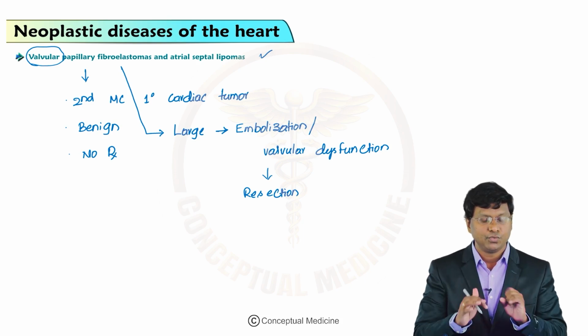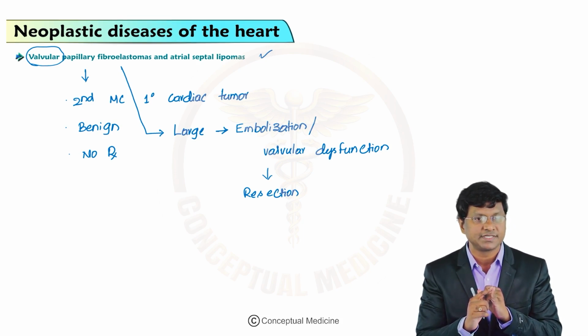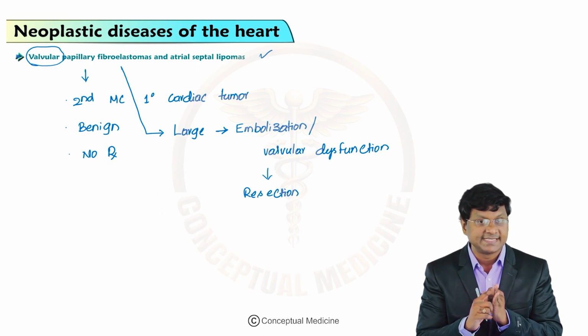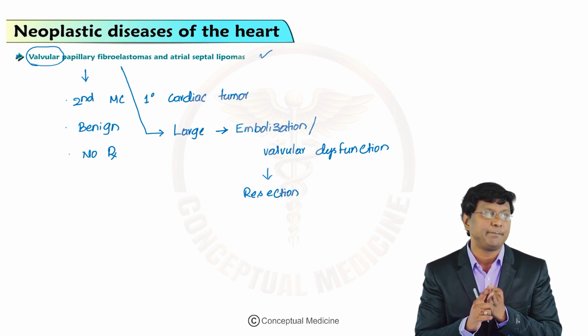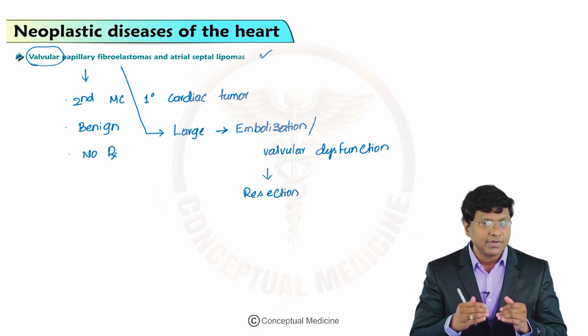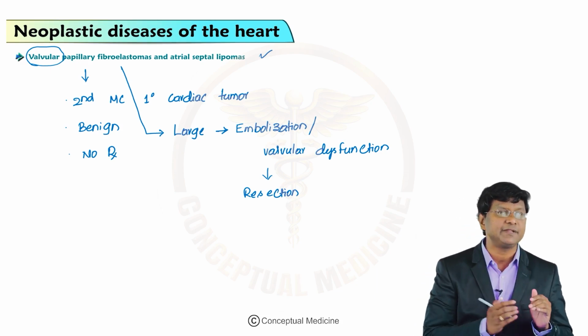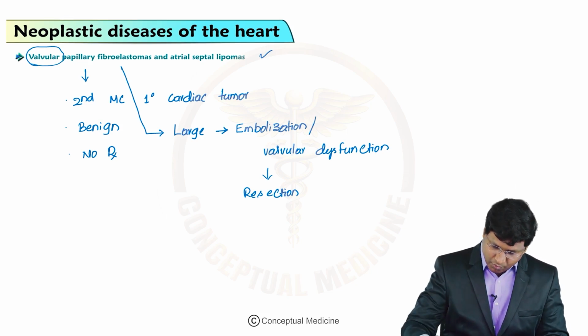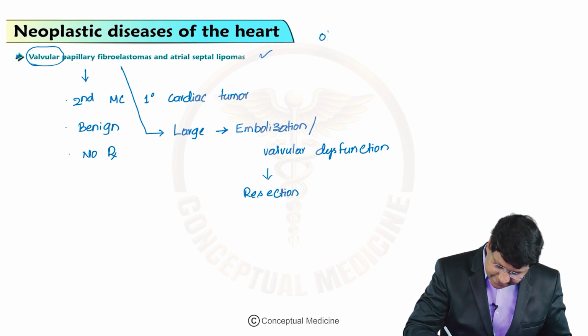One primary cardiac tumor we have discussed is atrial myxoma. The second is valvular papillary fibroelastomas and atrial septal lipomas. Apart from that, we have other primary cardiac tumors.